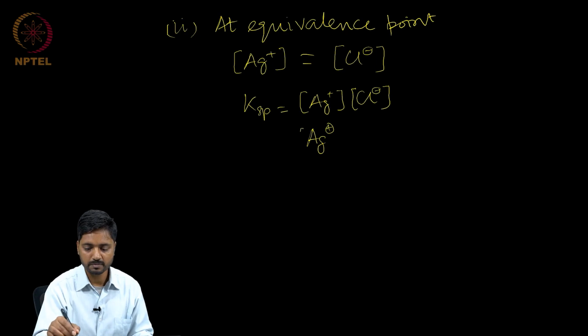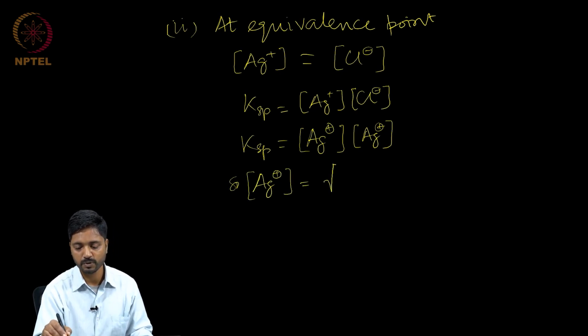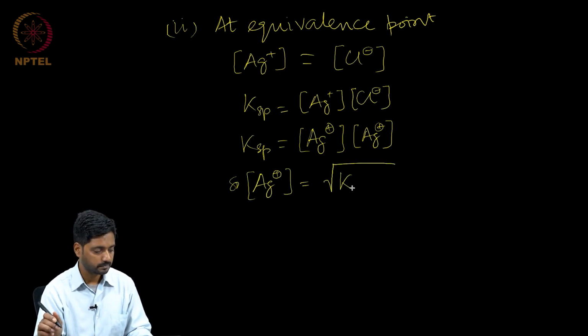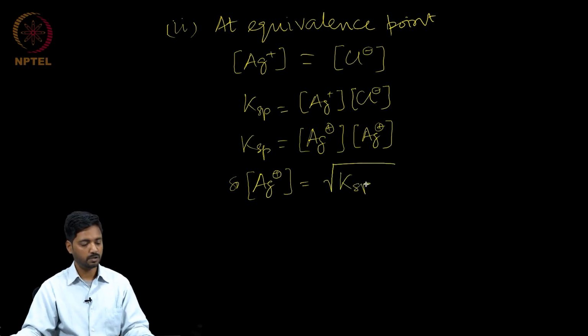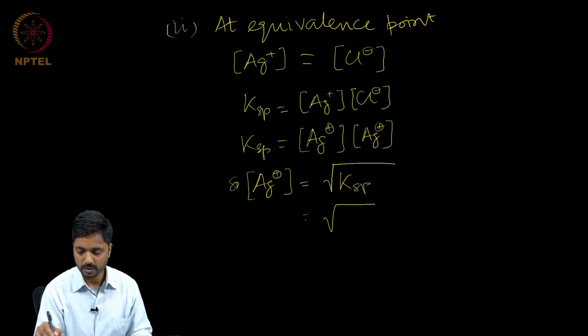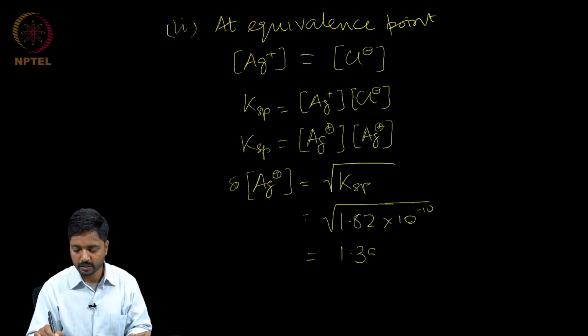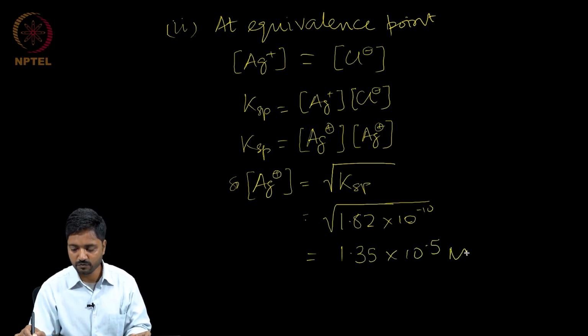So, the Ag plus concentration at equivalence point is nothing but the square root of the solubility product, and that is nothing but the square root of 1.82 into 10 power of minus 10, or 1.35 into 10 power of minus 5 molar.